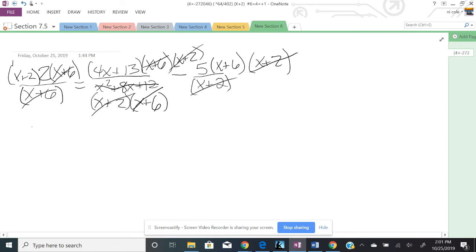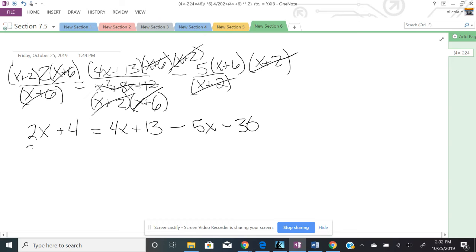So now I'm left with 2 times x plus 2, so I get 2x plus 4 is equal to 4x plus 13 minus 5 times x, and then negative 5 times positive 6 is minus 30. Okay, remember you've got to distribute that negative all the way through.